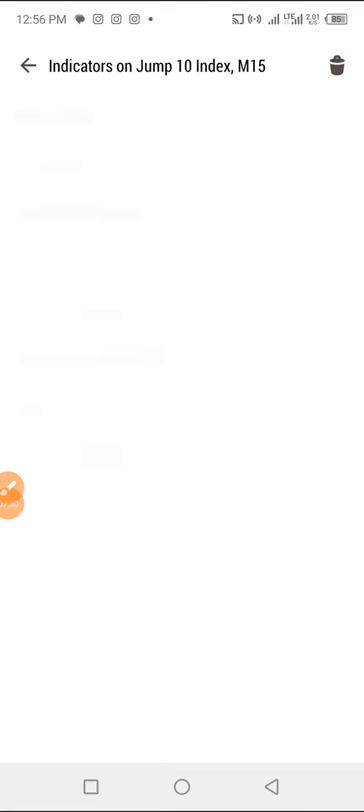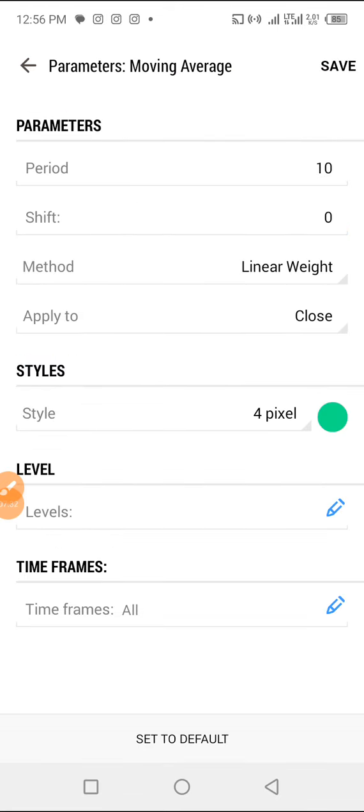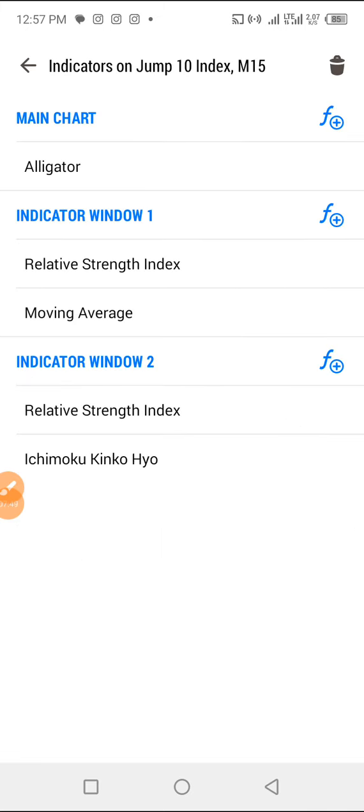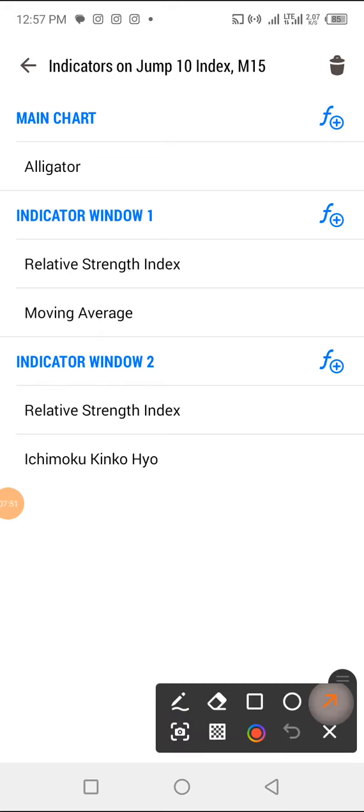When you are through, you click on save, and you add a moving average inside the indicator 1. The moving average parameters are period 10, shift 0, method linear weighted, and apply to close. You can use any style of your choice, then increase the pixel to 4 or so, then you click save. Now we have window 2.